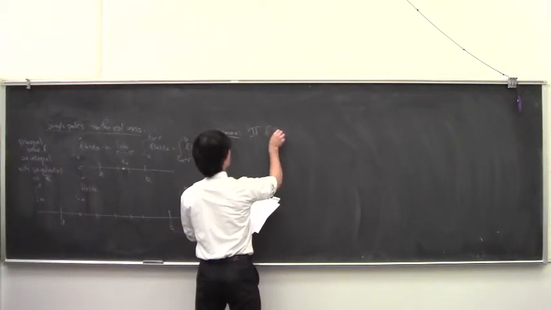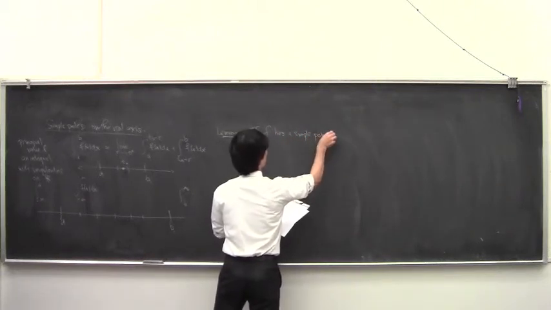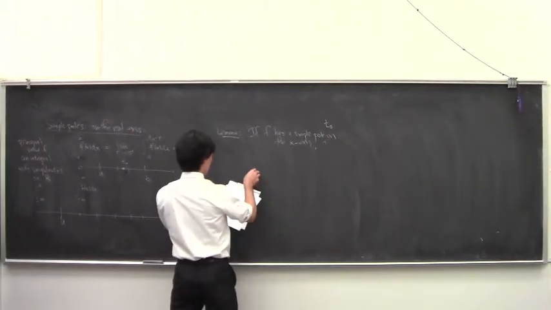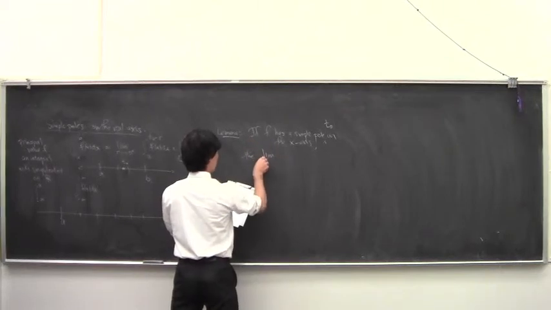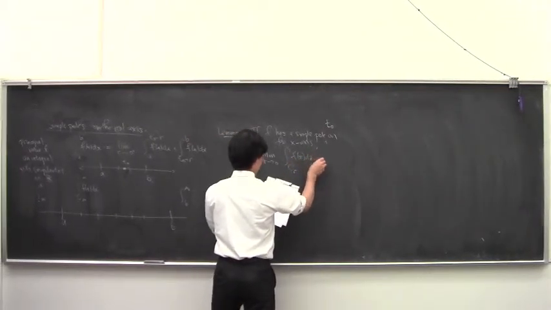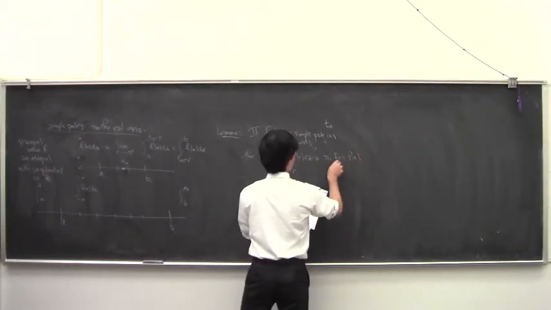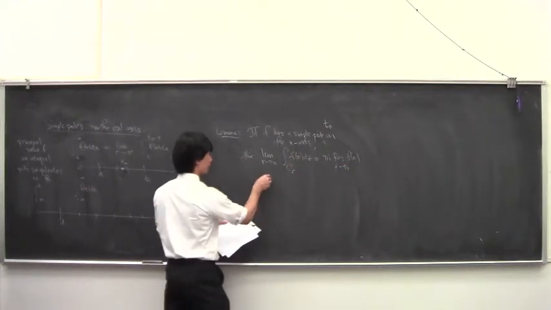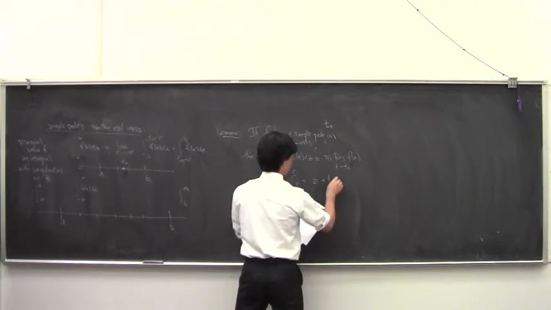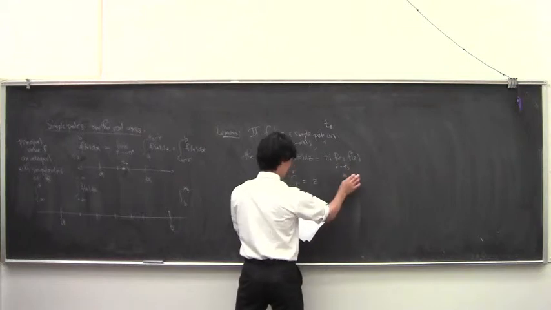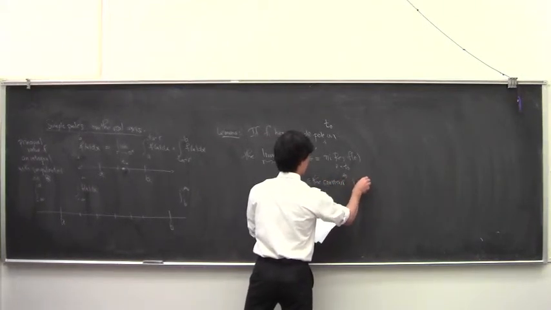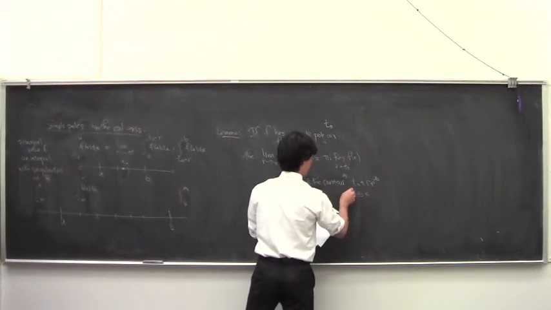So if f has a simple pole t naught on the x-axis, then the limit as r goes to 0 of the integral over c sub r is pi i times the residue of f at t naught, where c sub r is t naught plus r e to the i theta, where theta goes between 0 and pi.